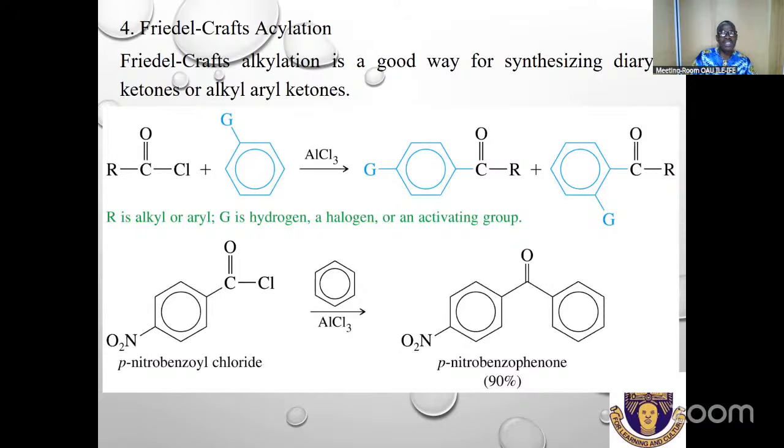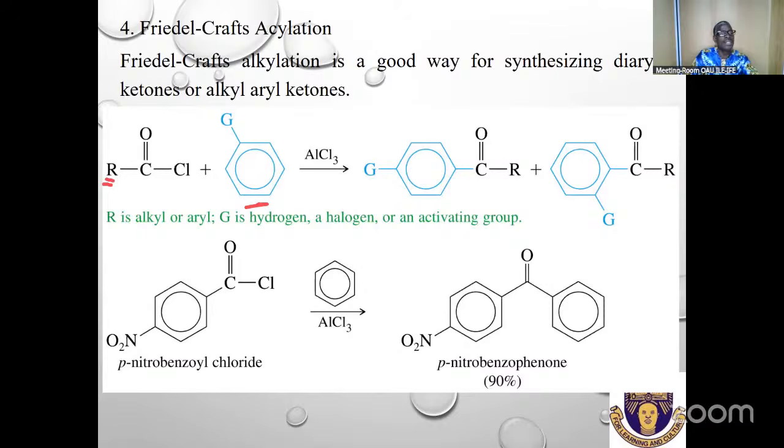Friedel-Crafts acylation is a good way of synthesizing diaryl ketones or alkylaryl ketones. Aryl means you have a phenyl group, and when you have alkylaryl, that means one alkyl group and one phenyl group. This is an alkyl group, and this is a phenyl group here.